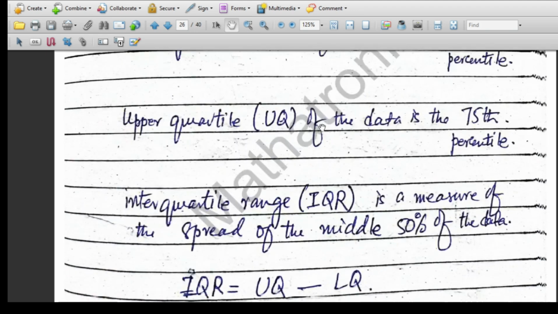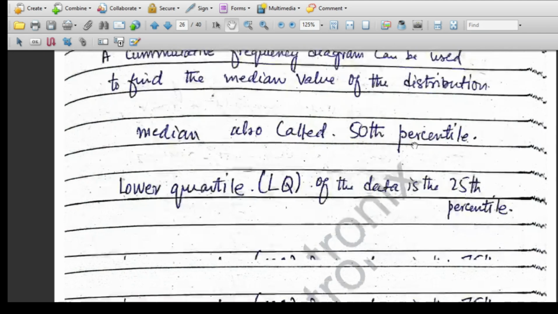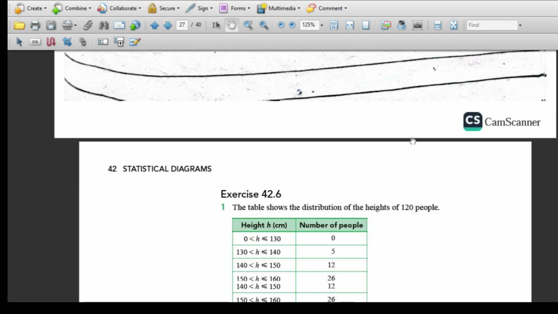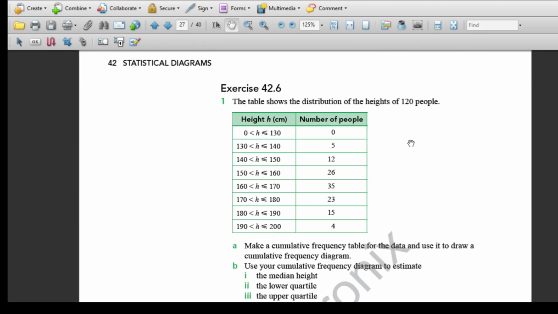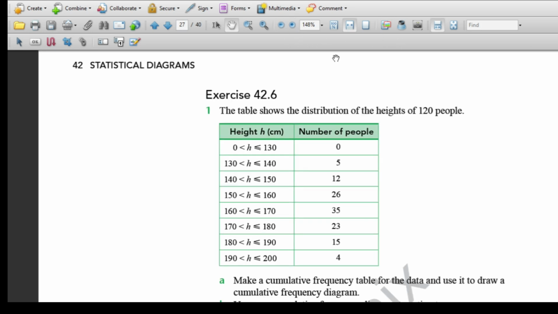So we will show this information in the next exercise, 42.6. The table shows the distribution of the height of 120 people. The height is 130 centimeters, and the number of people is 0; 130 to 140 is 4, 5; 140 to 150 is 12; 150 to 160 is 26; similarly 190 to 200 is 4.